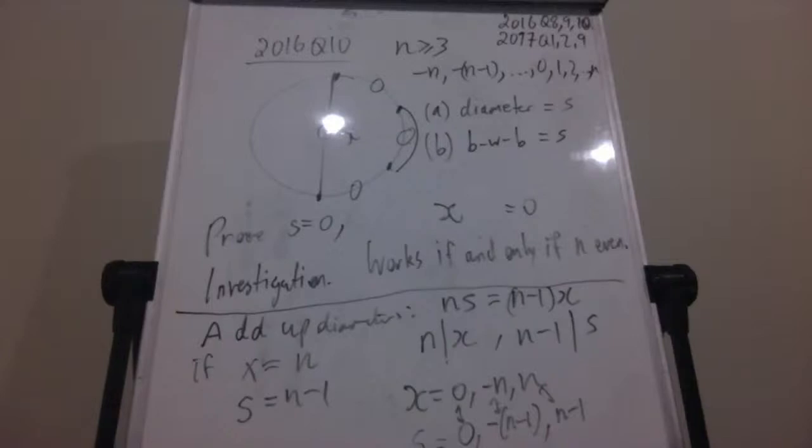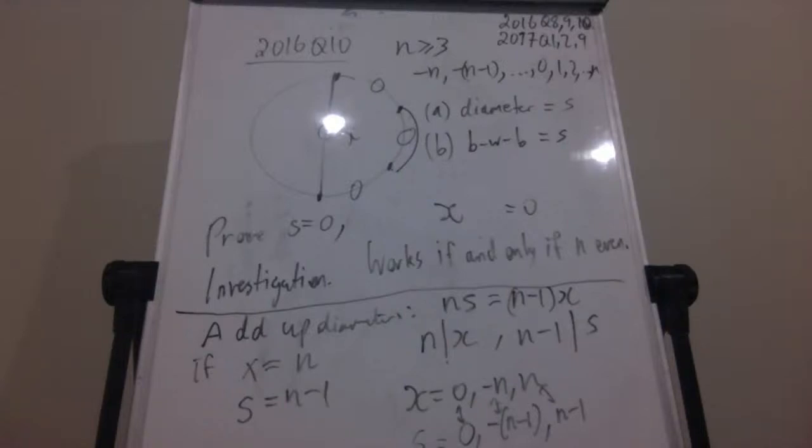So if we have a diameter, then the circumference is also equal to s.